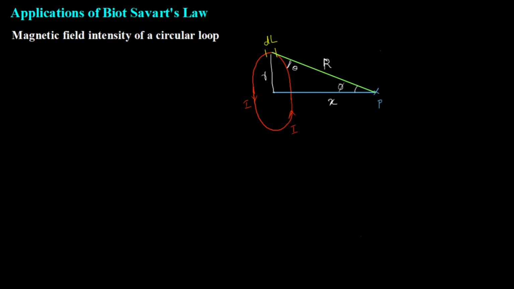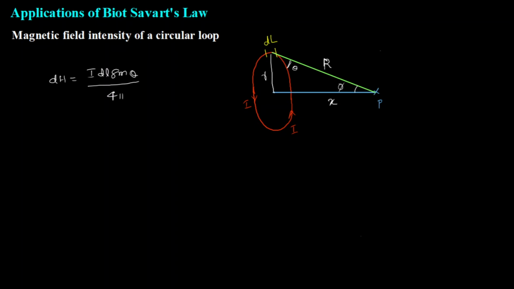Now by applying Biot-Savart's law, we'll write an expression for magnetic field intensity at point P. So dH, again I'll consider the magnitude. We will add the effect of vector at the end of this derivation, because we'll keep things simple. So dH is I dl sin theta by 4 pi r square.